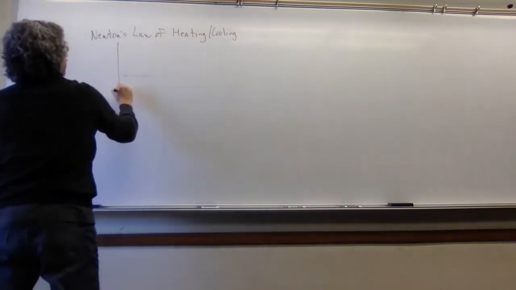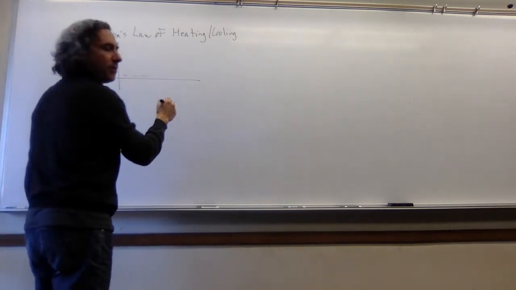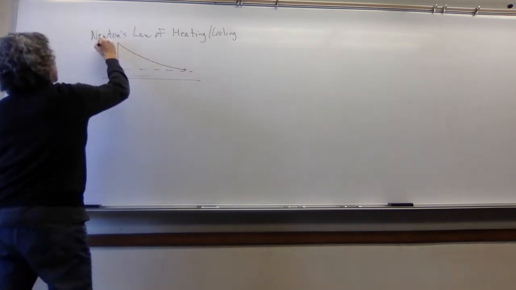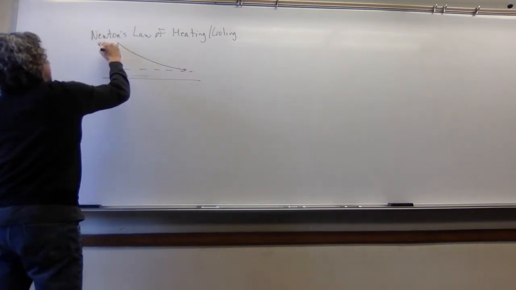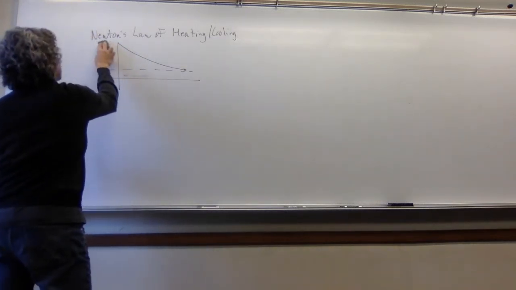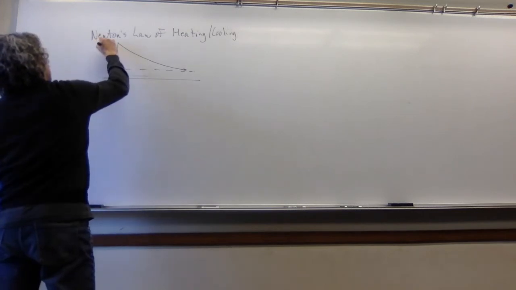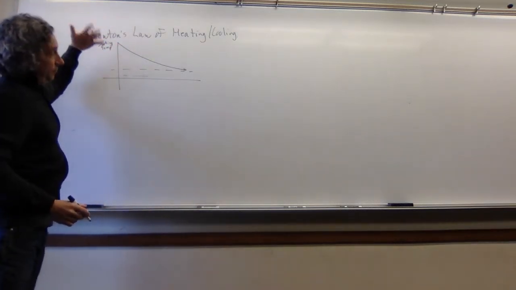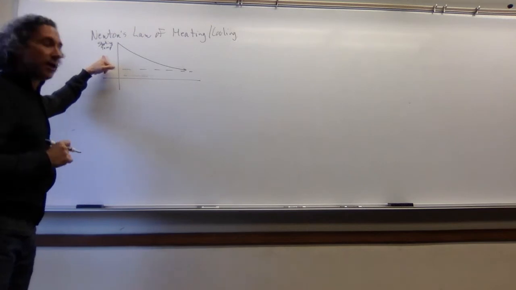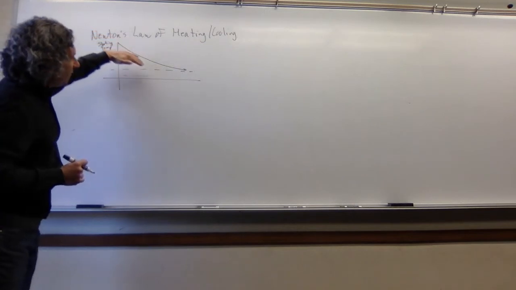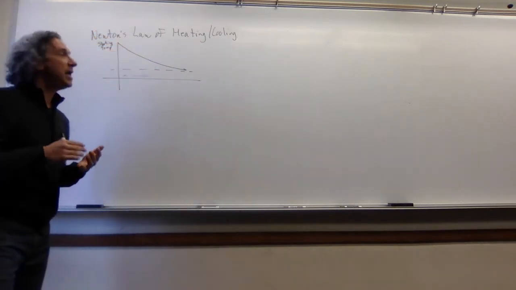So experimentally, he discovered that if an object that were hotter than the current room temperature were placed in a room, then this graph would show us how the temperature decreased.